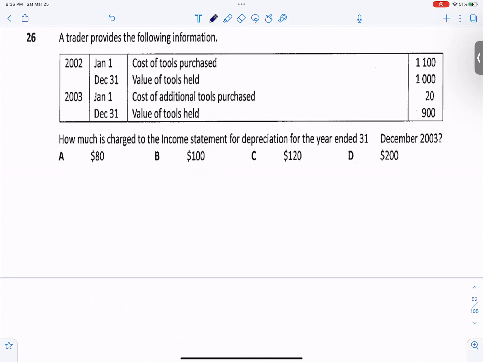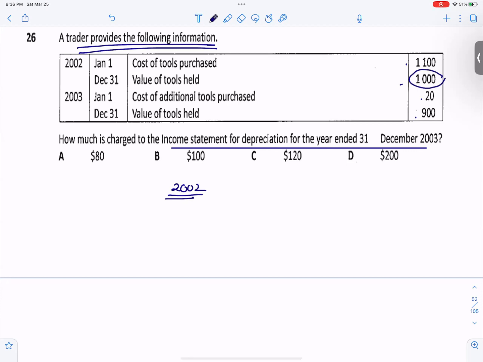Next one. A trader provides the following information: cost of loose tools, value, and in 2003 he purchased another, and value at the end. How much is charged to income statement for depreciation for the year ended 31st December 2003? So in 2002, what was the value of the equipment? 1,000.